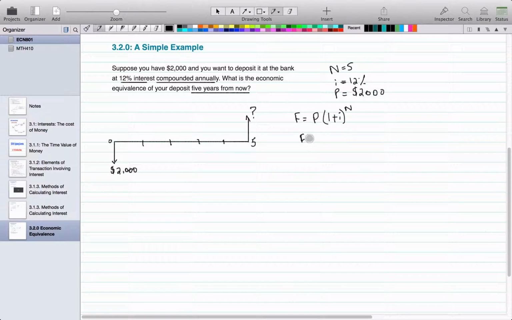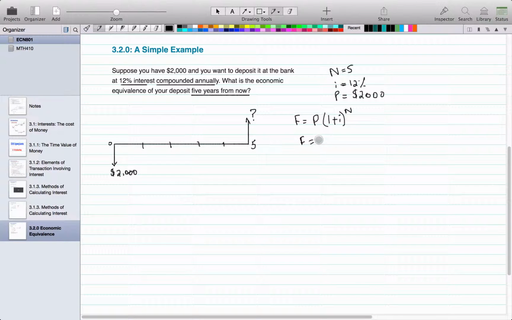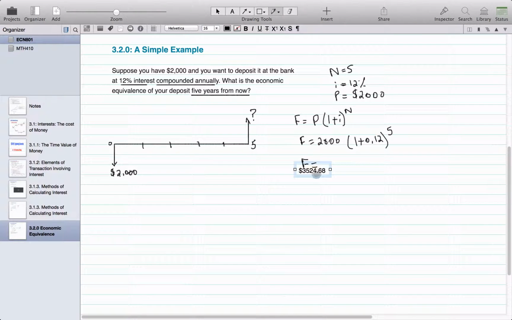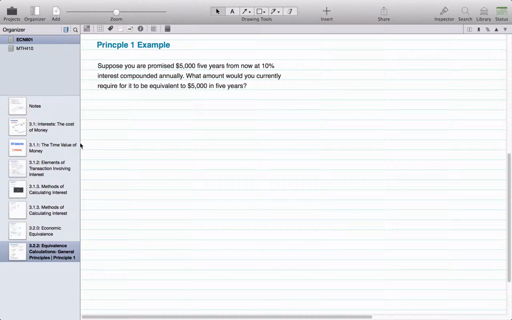So F is equal to 2,000 times (1 + 0.12), converting the percentage to decimal, to the power of 5, which equals $3,524.68.